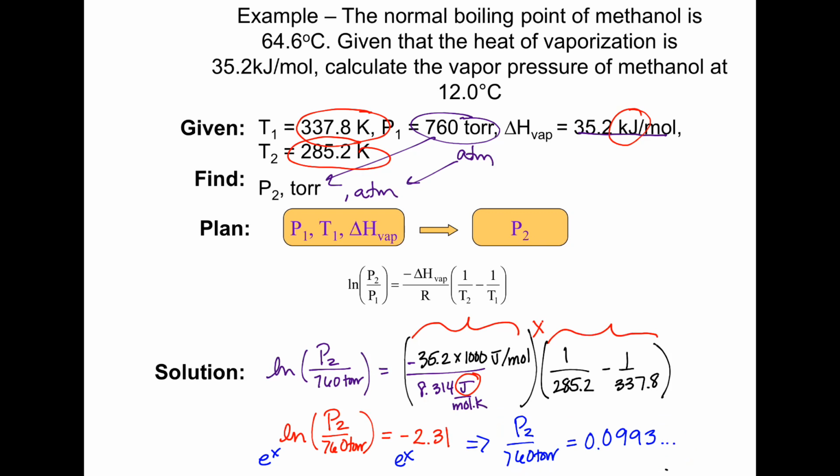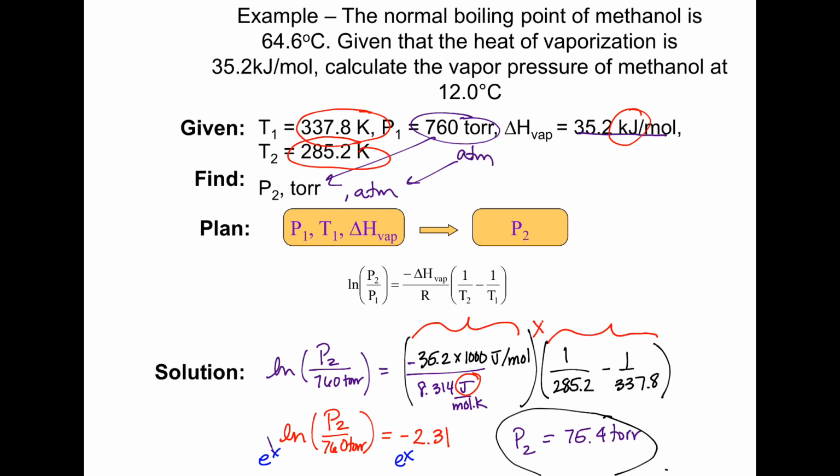So I'm going to multiply each side by 760 torr. I'm running out of room just a little bit, but when I do that, I came out to P2 equal to 75.4 torr. So great, we've got a P2.